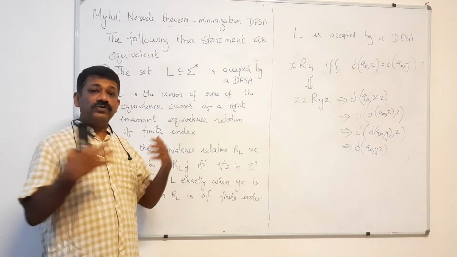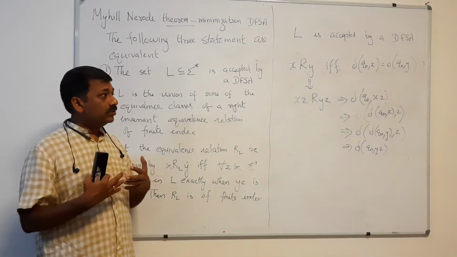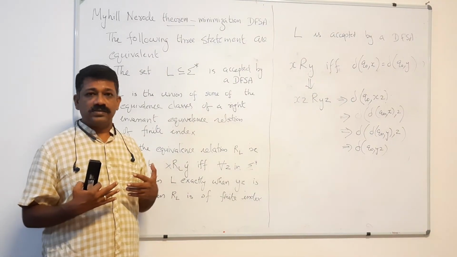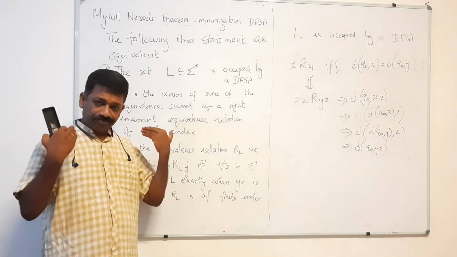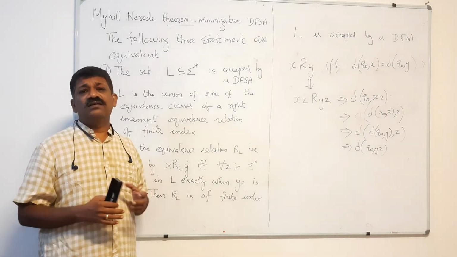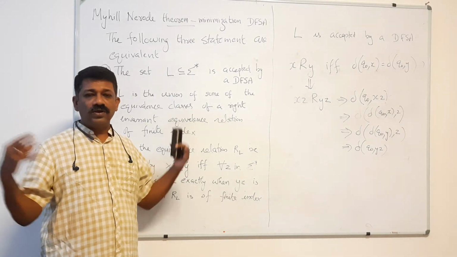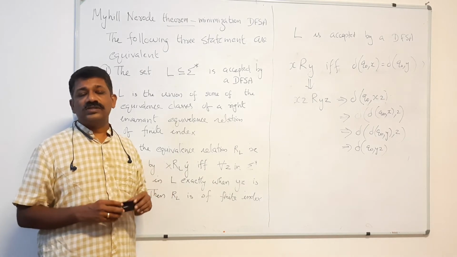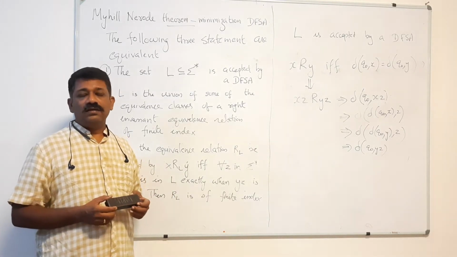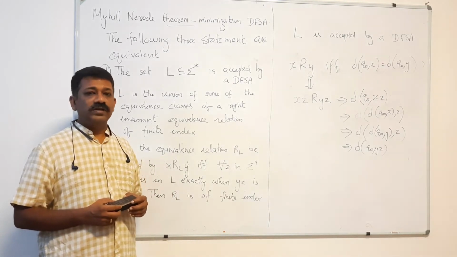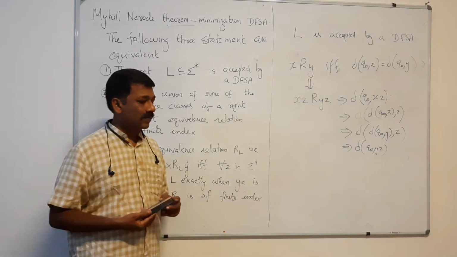That means you have to take the union of those two equivalence classes. If you have say 10 final states, then you have to take the union of those 10 equivalence classes.